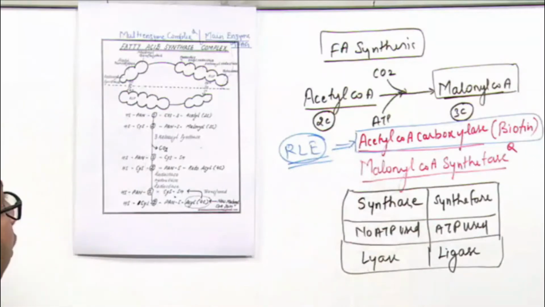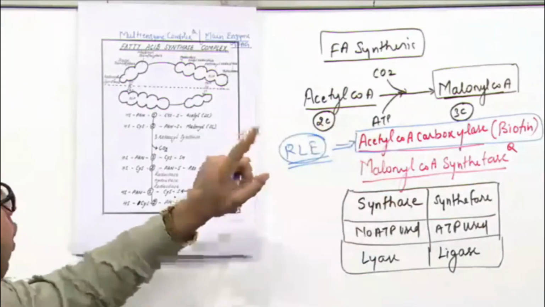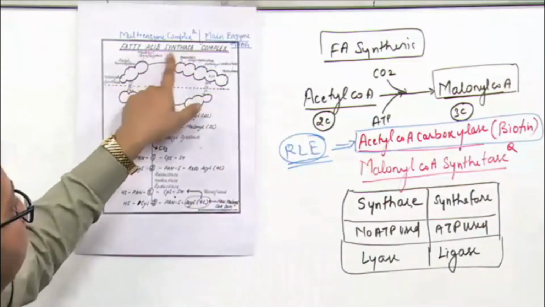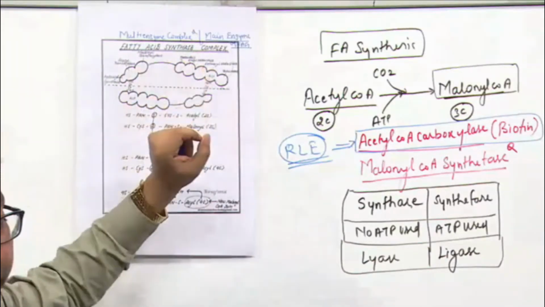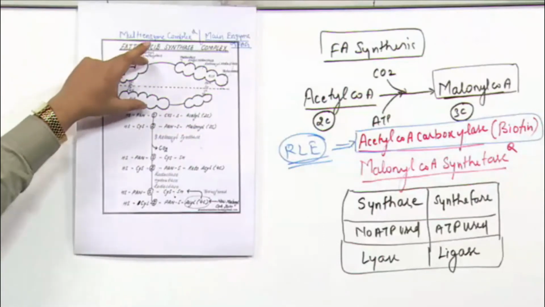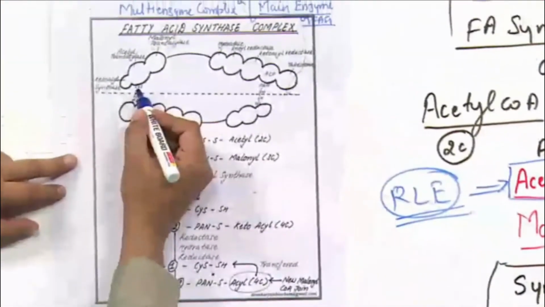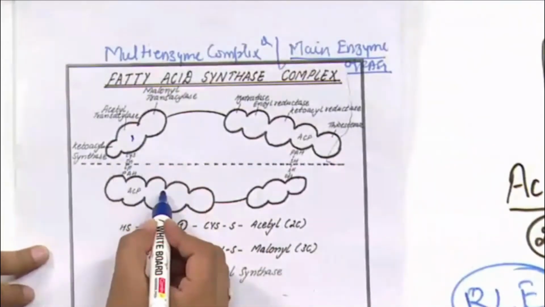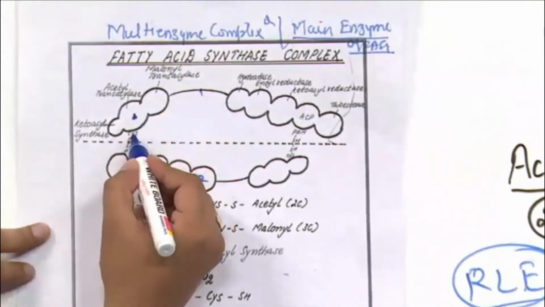Okay. Now, the rate limiting enzyme is this enzyme, and the main enzyme is the fatty acid synthase complex, a multi-enzyme complex having multiple enzymatic activities. You can say that this fatty acid synthase complex has two monomeric subunits, first and second. Each subunit has two ends.